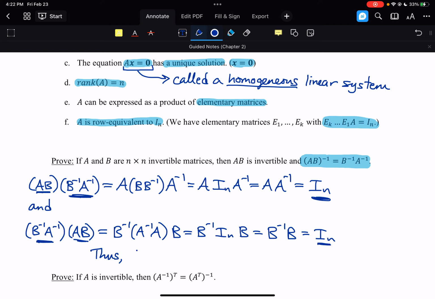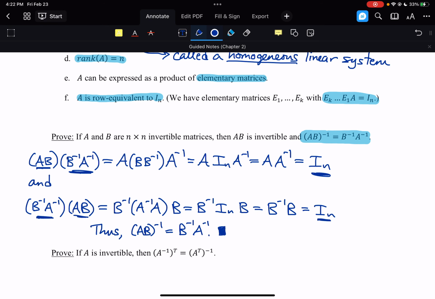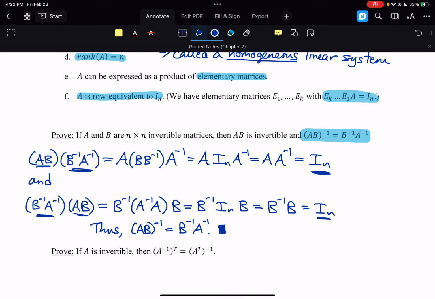Thus, AB inverse equals B inverse A inverse. And like I said, when you're trying to show that two things are inverses of each other, oftentimes the quickest and best solution is going to be multiply them together and show that we get the identity from both directions, right? A times B and B times A, so to speak.